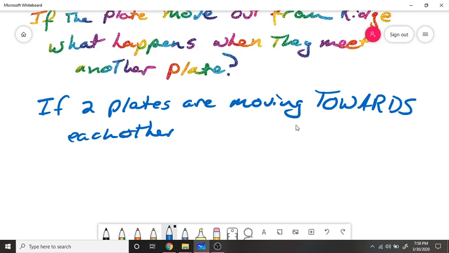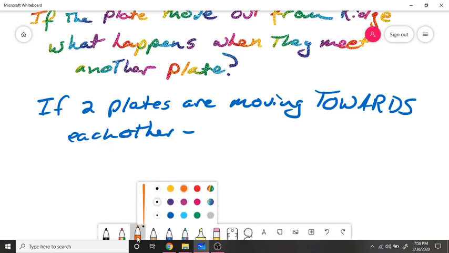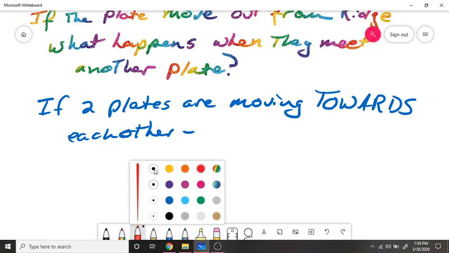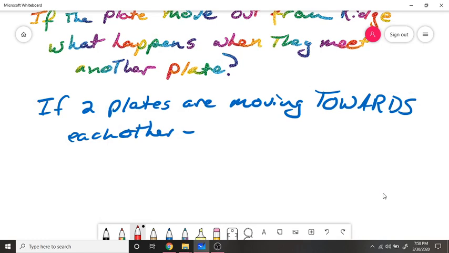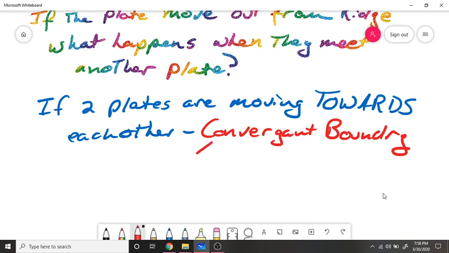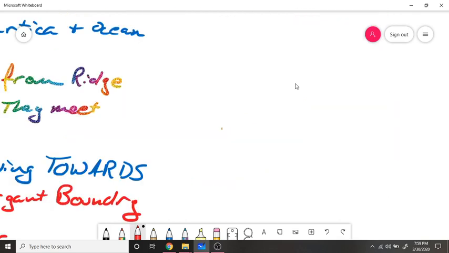If 2 plates are moving towards each other, this is called a convergent boundary. Convergent means come together, and boundary is where they meet.